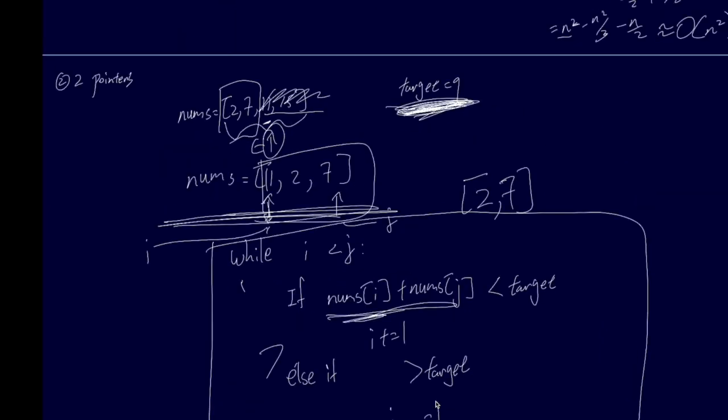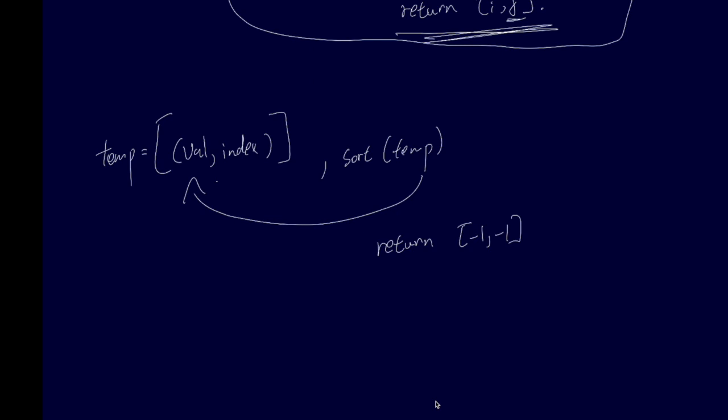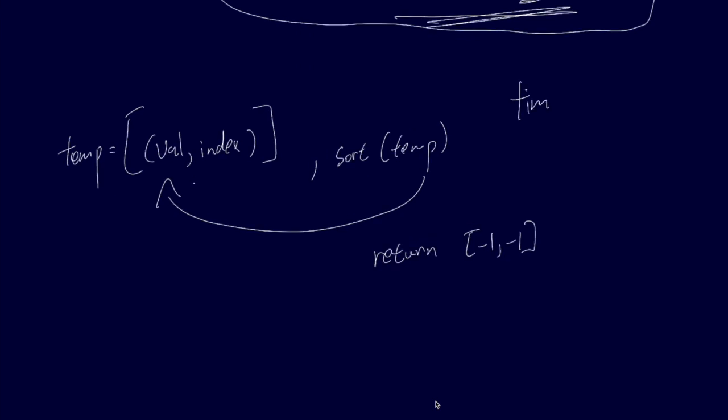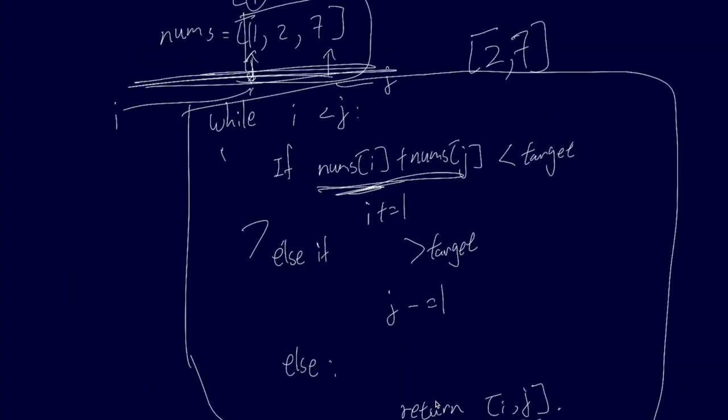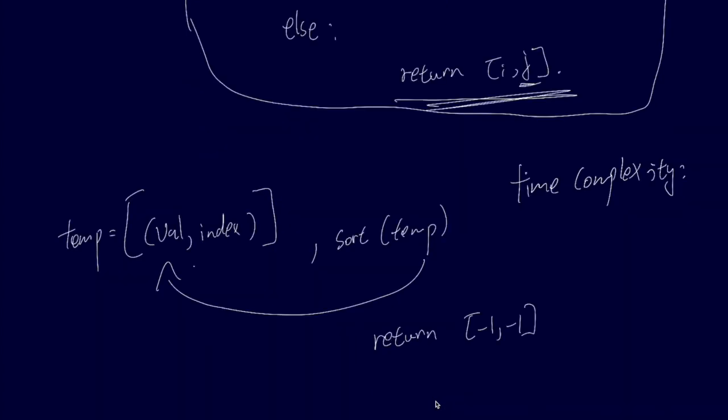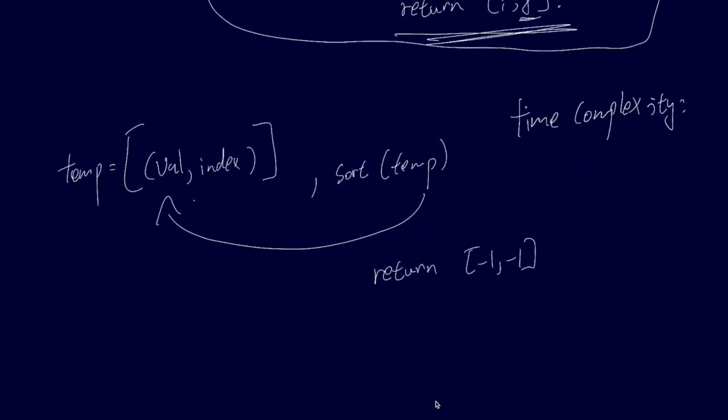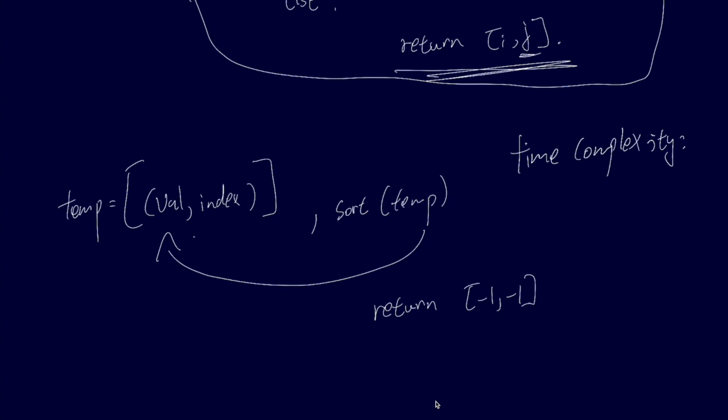Okay, so now let's talk about the time complexity. Sorting an array, in Python or in other languages, the optimal sorting is n log n for an array with n elements.